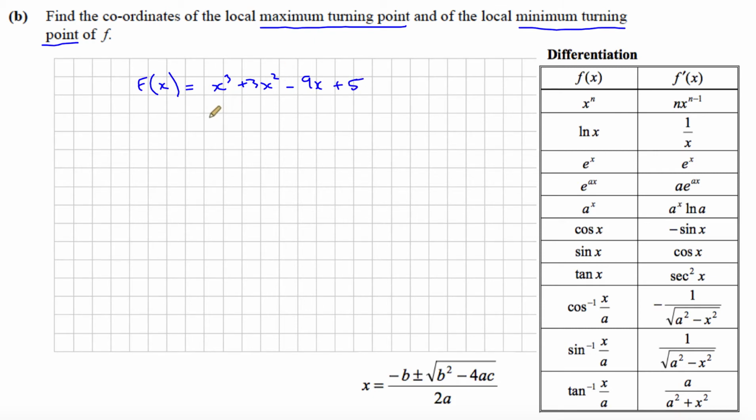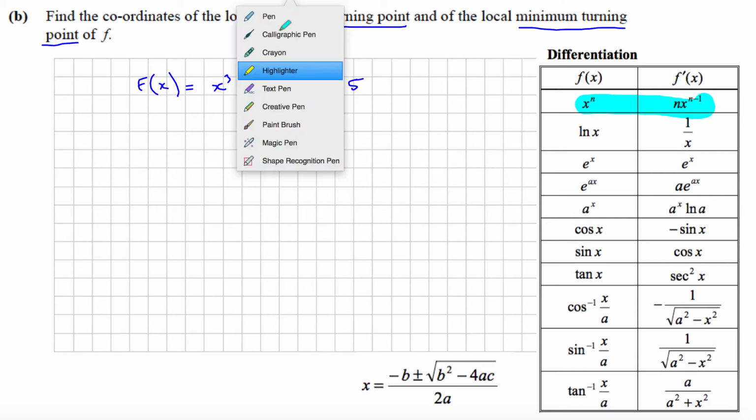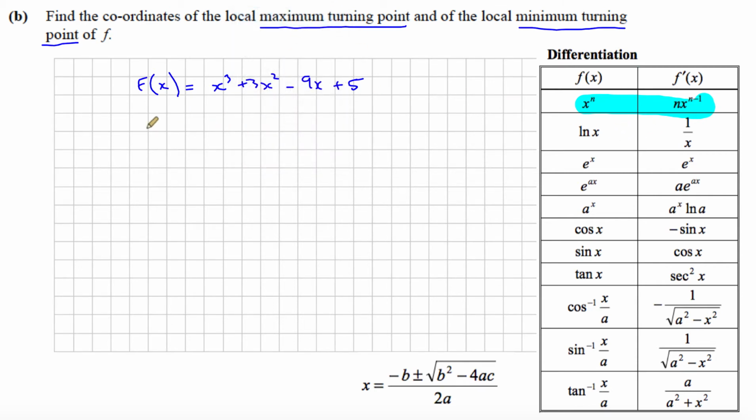So that's our function. So if we're going to differentiate this function or find the derivative, we're going to use this differentiation rule here from the tables book. So to use this rule, you should know this off by heart.